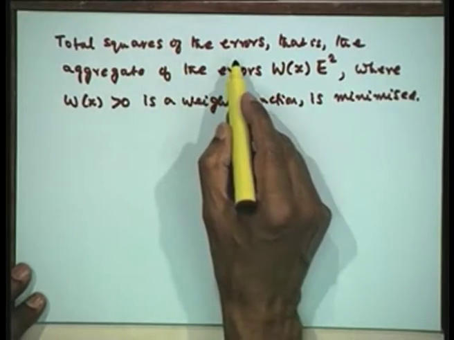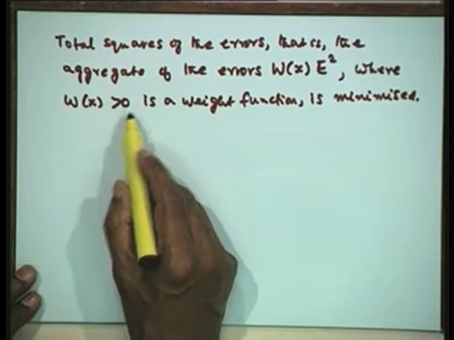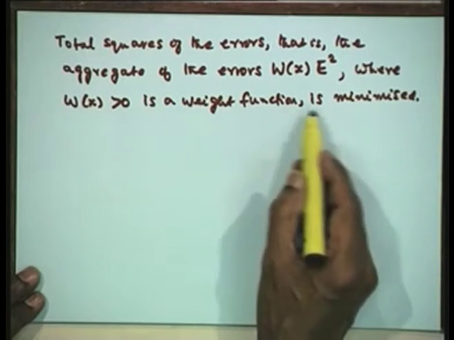Therefore, the total squares of the errors, that means the total aggregate of the errors w x E square, where w x greater than 0 is a weight function, is minimized.